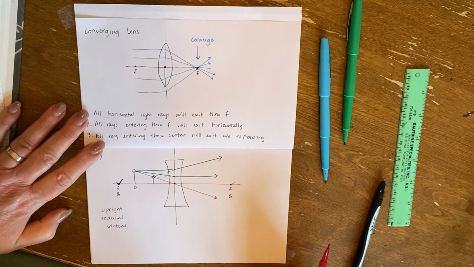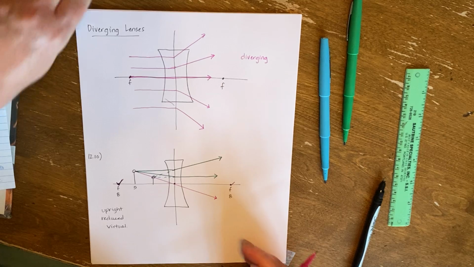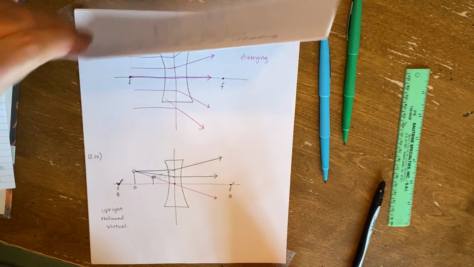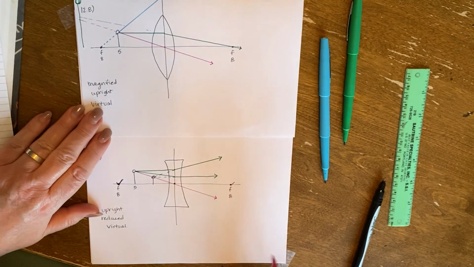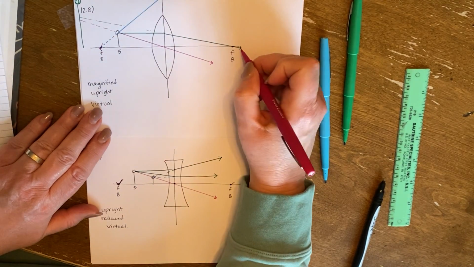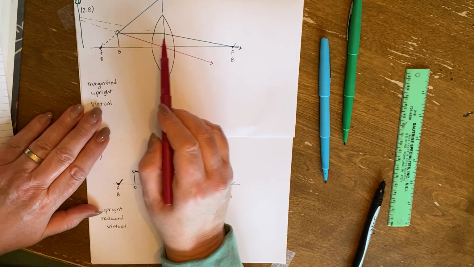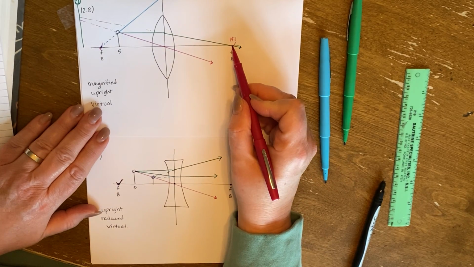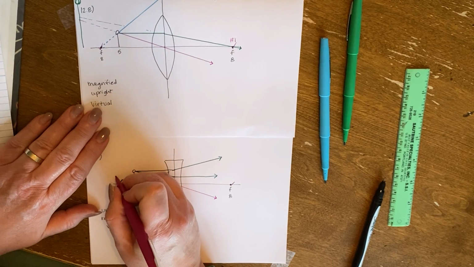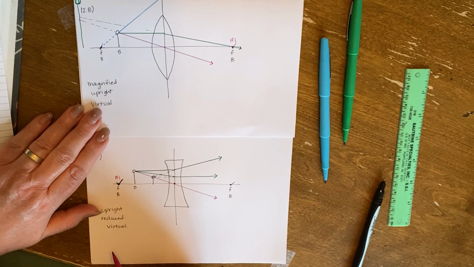The third rule is easy in both cases. So in both cases, you're using each of the focal points. Okay, in a converging lens, you're using the focal point on this side for your first rule. On a diverging lens, you're using the focal point on the same side for the first rule.